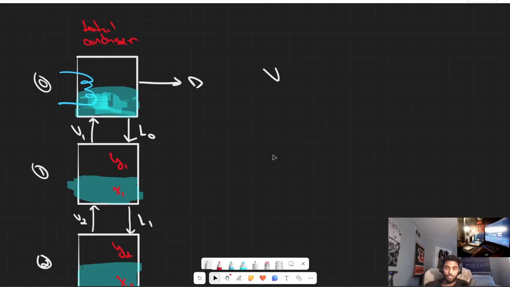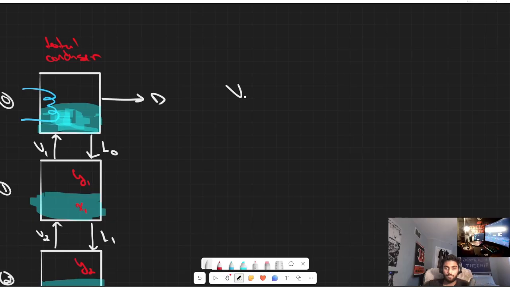So V2 is our vapor entering our stage, and L1 is what is leaving.